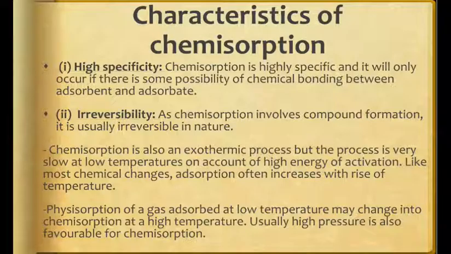Chemisorption involves compound formation, that's why it is irreversible. Chemisorption is also an exothermic process, but the process is very slow at low temperature on account of high energy of activation. So, in physisorption, a gas adsorbed at low temperature may change to chemisorption at a high temperature, as I told in case of hydrogen gas.